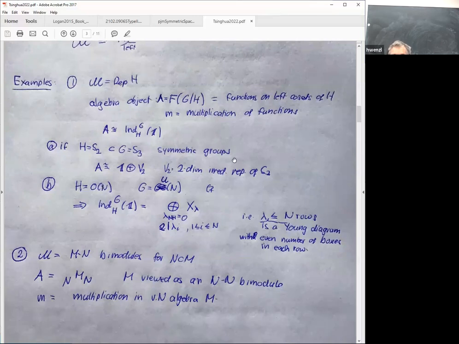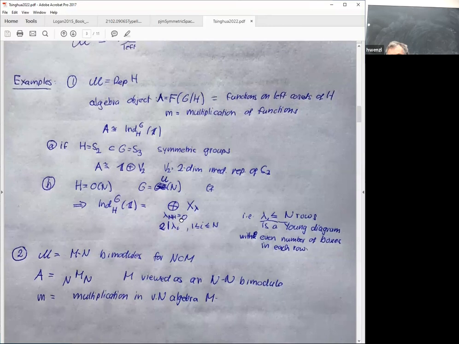So then this is an old result, which I think goes back to maybe Littlewood. If you induce up the trivial representation to G, then this is a direct sum of irreducible representations of U(n) labeled by Young diagrams lambda, with the following two properties. On the one hand, lambda should have at most n rows.